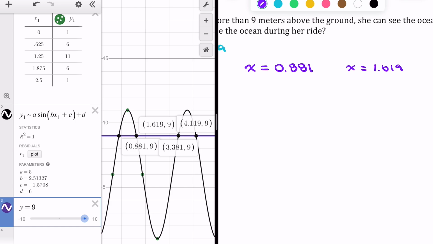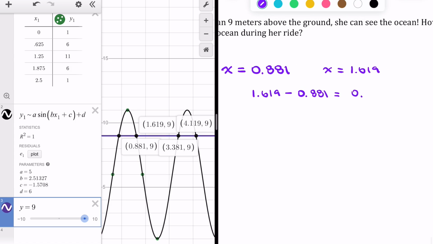That's the time in the first rotation around the wheel that she's spending above 9 meters. So 1.619 minus 0.881 gives me 0.738. Now remember, that's the time in one rotation of the Ferris wheel that she's above the 9 meter mark.